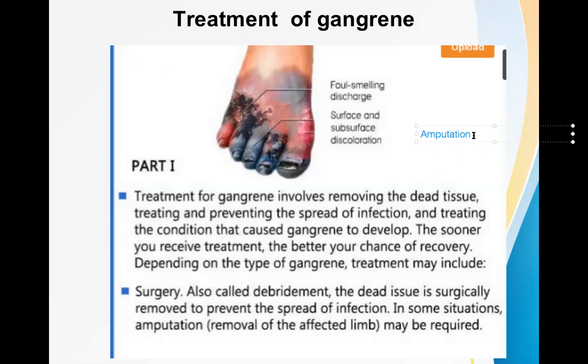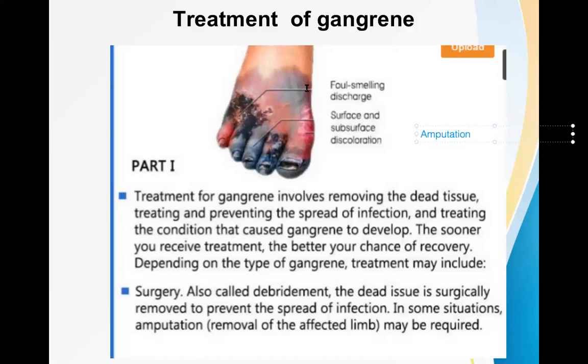This amputation is a detachment of that site from the healthy area. So the surgeon will have a tough time finding the boundary between unhealthy tissue and healthy tissue. Sometimes we need to go a little bit higher than the gangrenous area, so that a large area needs to be sacrificed.